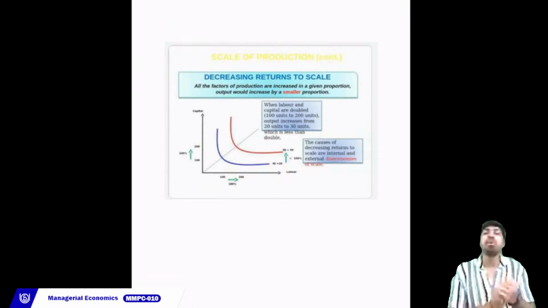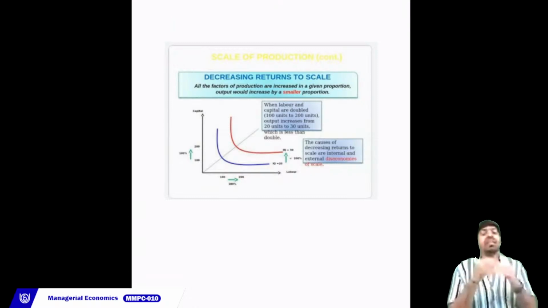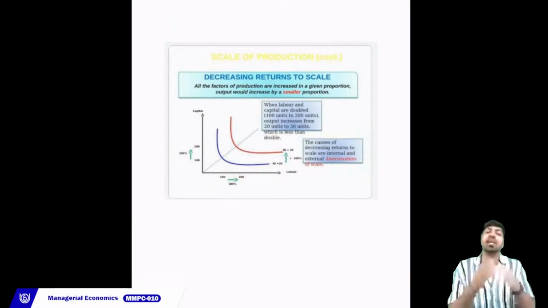The output does increase from a lower to a higher isoquant, but by a very small percentage, for example 20 to 30 units, or 15 to 20 units. Increasing returns could be 100 to 200 to 300 units. 100 to 100 is constant returns to scale.